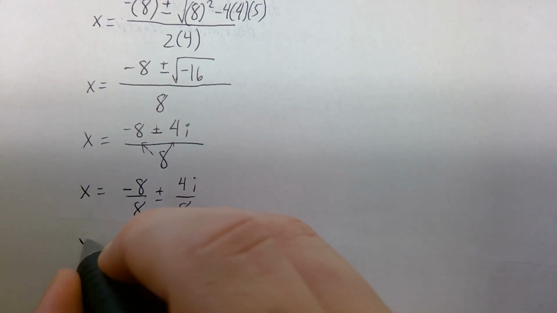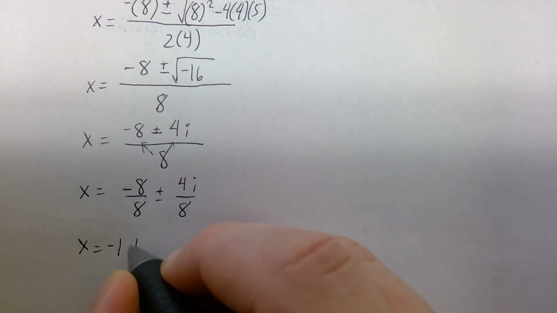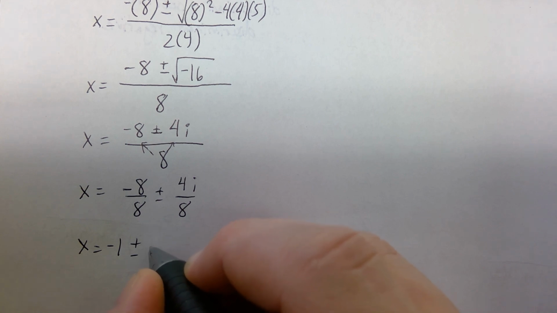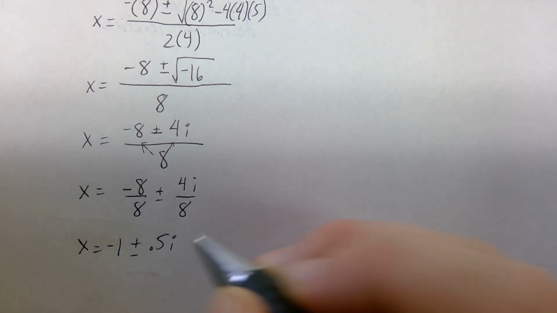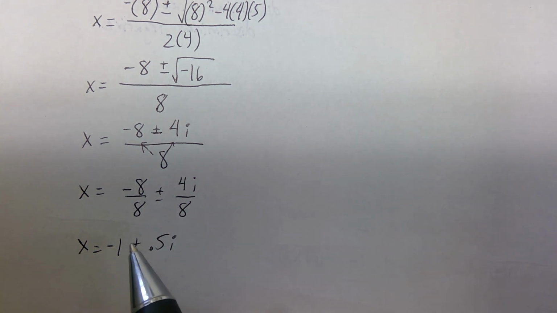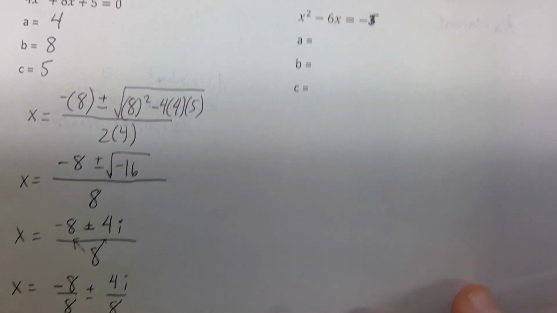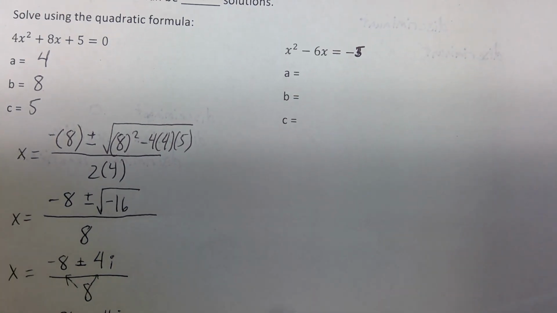And I'll finish it off with x equals negative 1 plus or minus 0.5i. Now there's 2 solutions here, negative 1 plus 0.5i and negative 1 minus 0.5i. Okay, let's do one more together before we get some practice in on our own.